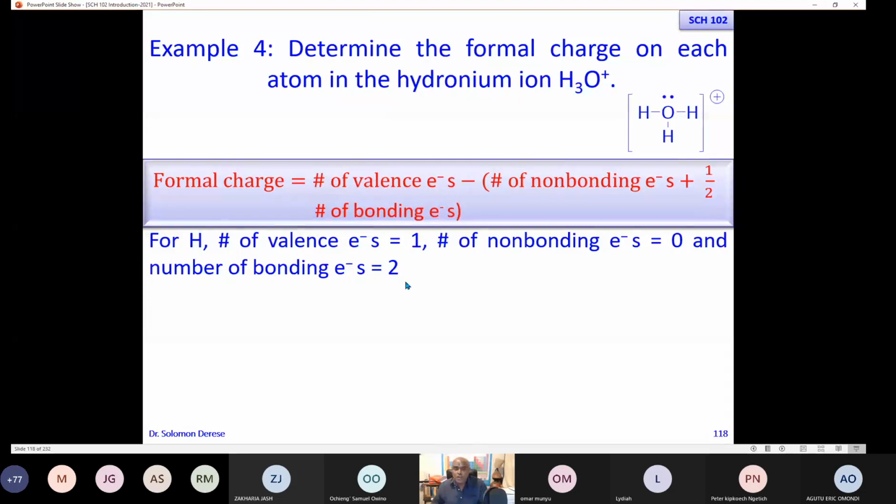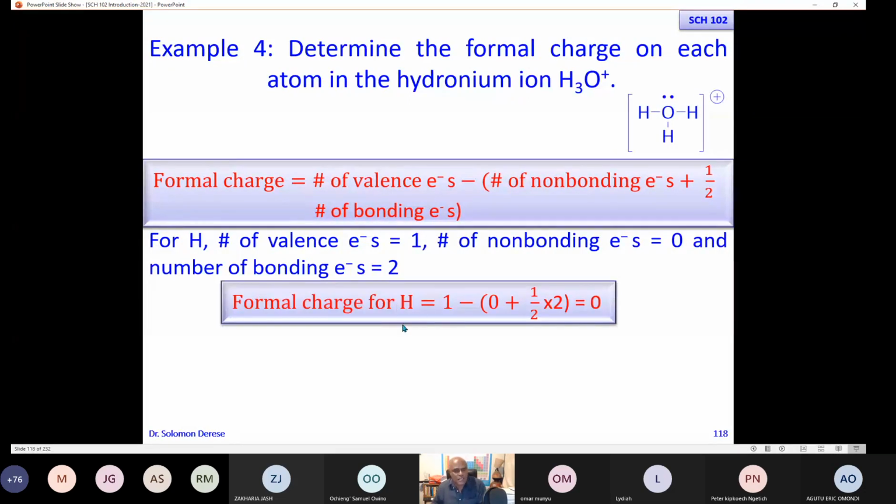And then the number of bonding electrons, the electrons involved in bonding: you have this single bond. As a result of this single bond, there are 2 electrons. Now, when you calculate, the formal charge will be 1, which is the valence electron, minus the number of non-bonding electrons, 0, plus half of the bonding electrons, half of 2. So 1 minus 1, it will be 0.